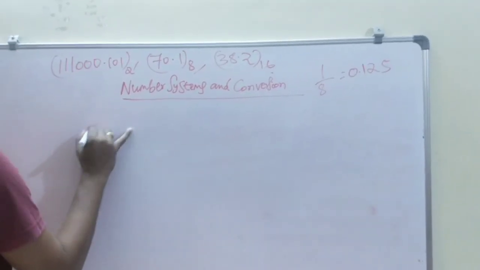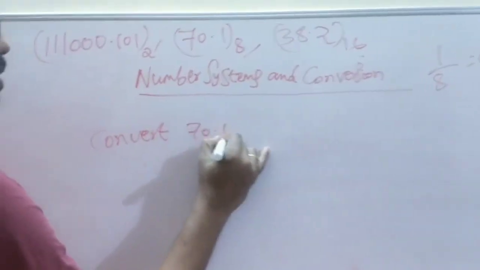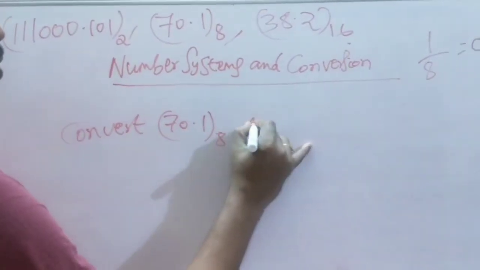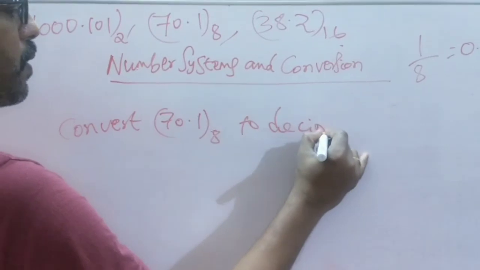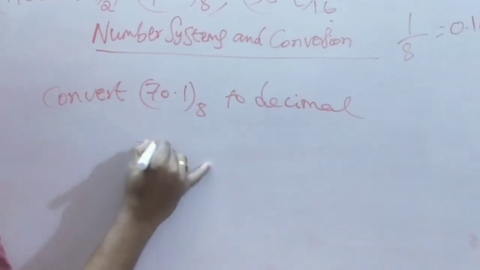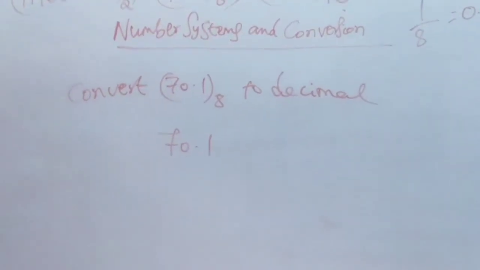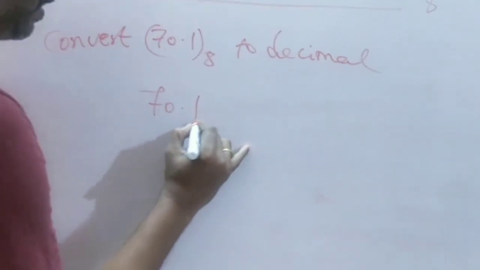Convert 70.1 base 8 to decimal. The procedure is very same. We need to multiply each octal digit by integral power of 8.